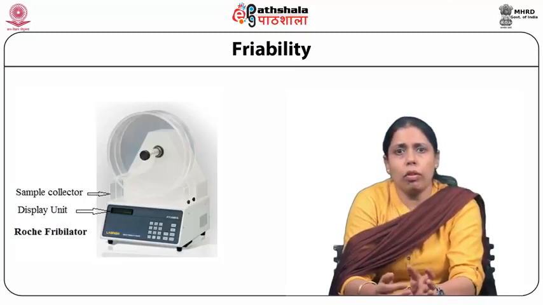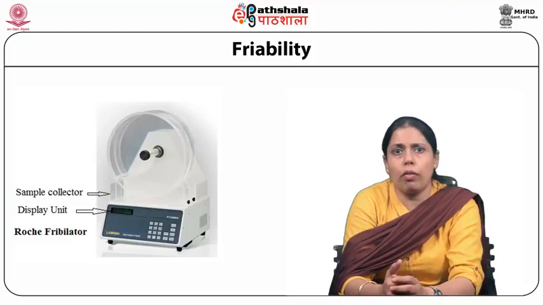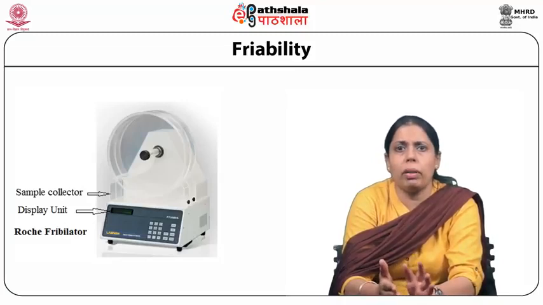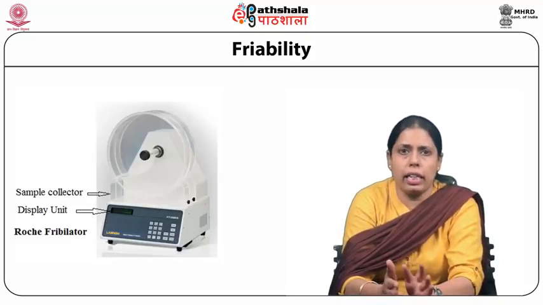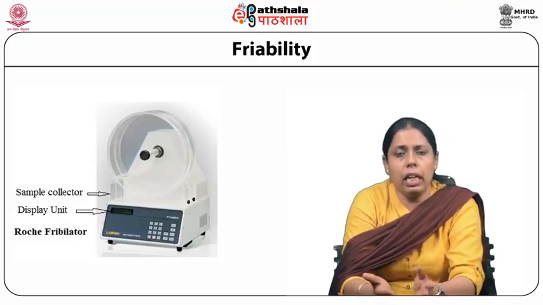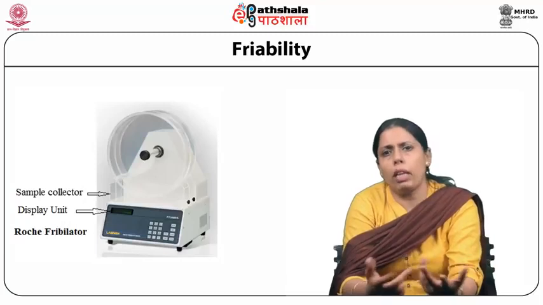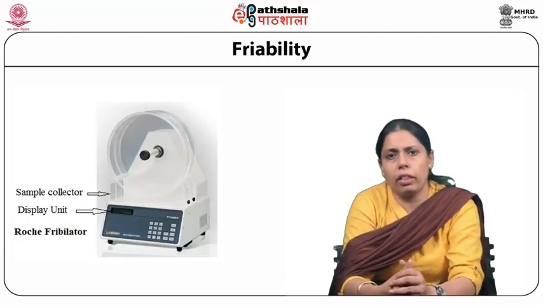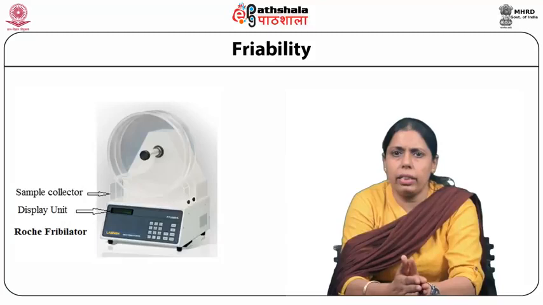A maximum loss of weight from a single test or from the mean of 3 tests should not be greater than 1% for most tablets to be acceptable. If obviously cracked, chipped or broken tablets are present in the sample after tumbling, the sample fails the test.